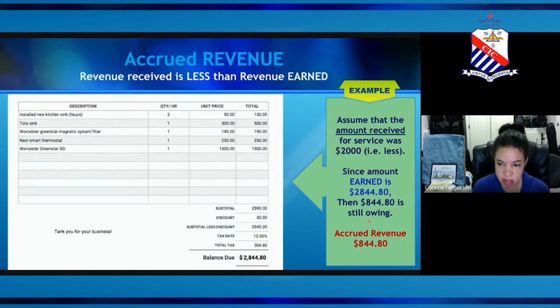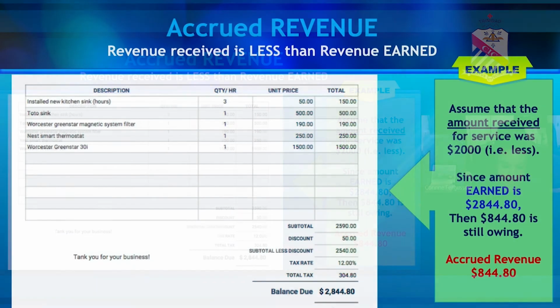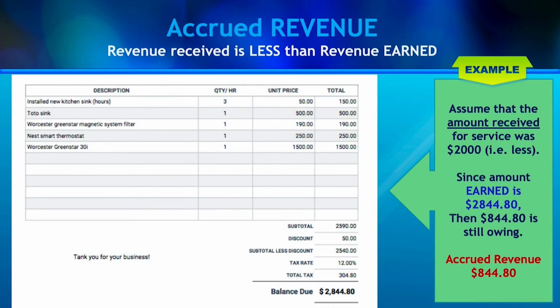And how much is still owing to us? The difference between the amount we earned and the amount we received, which is $844.80, which means that our accrued revenue is $844.80.